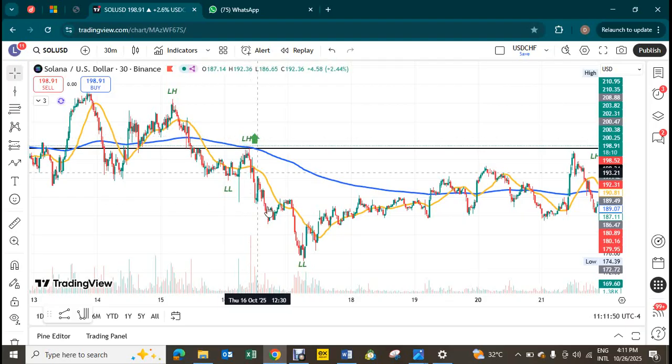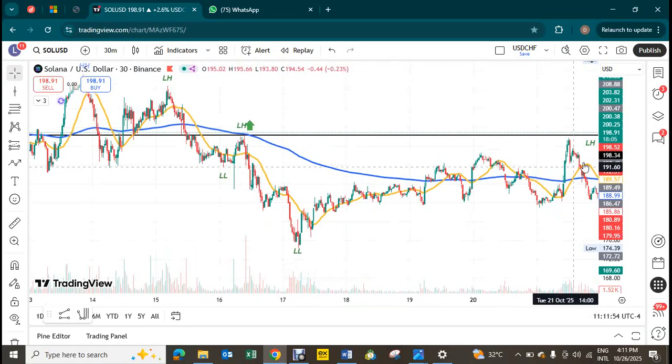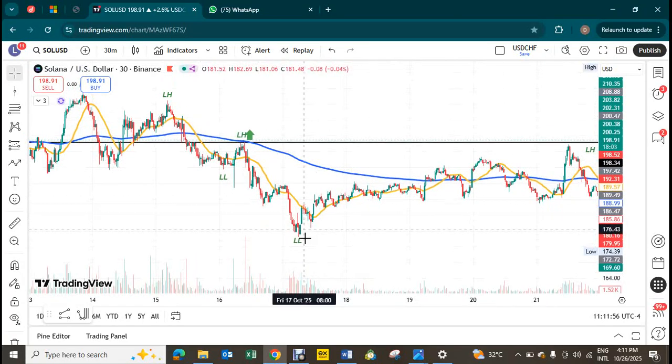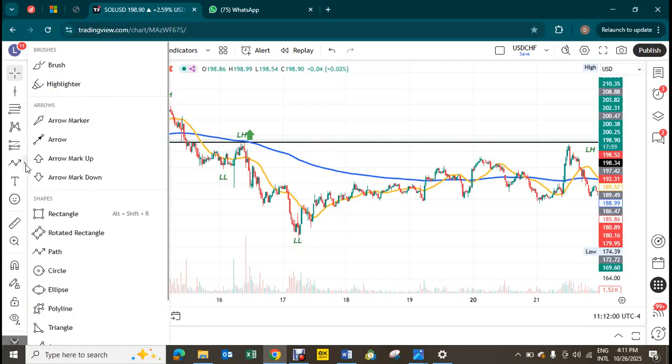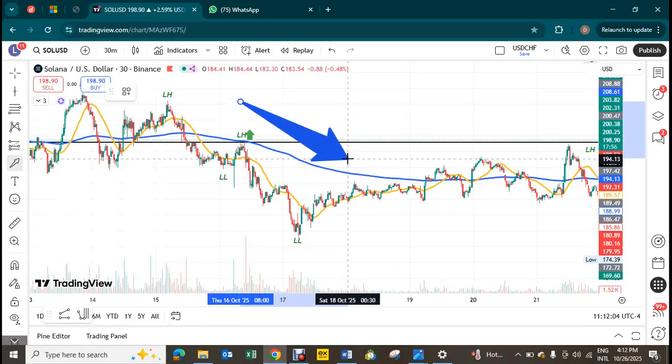We see price dipping past the previous LL to give us another lower low below. Of course we know this is a downward trend. When you see the market giving us lower high, lower lows, lower high, lower lows, it means the market is going to the downside.